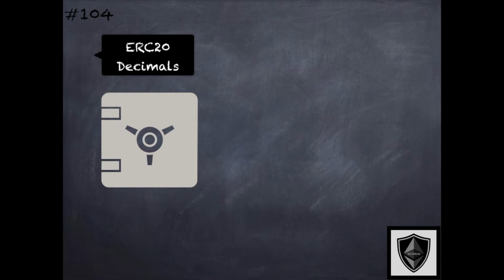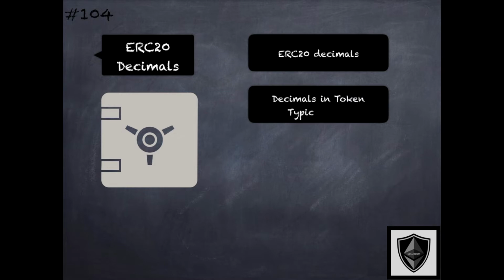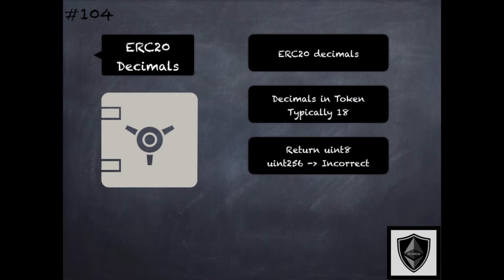ERC20 contracts have a notion of decimals, and they are typically 18 digits in precision. And therefore, the token standard specifies using a uint8 type to represent decimals, because that is sufficient to represent a value of 18. However, token contracts that do not adhere to the standard sometimes incorrectly use a uint256 type for decimals.